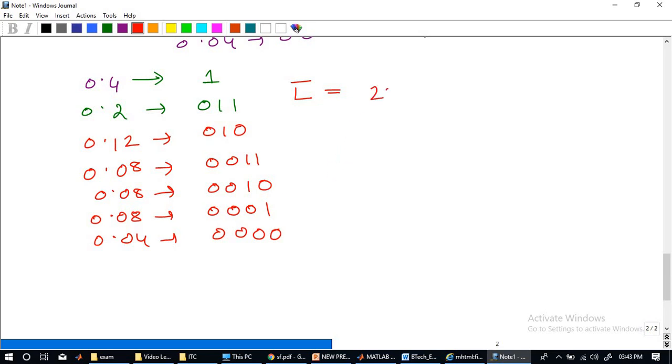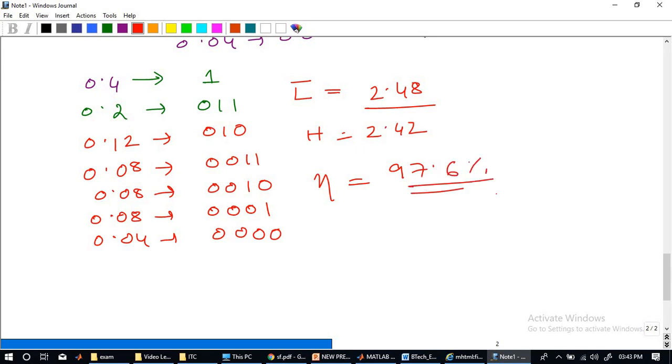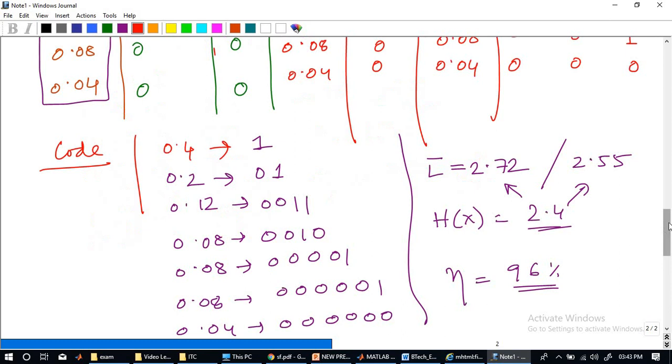So my calculation is also correct. 2.48, and H(X) we already did, that was 2.42. So eta, what is the value you are getting? 97.58, 97.6%, whatever it is. So basically, by a little change in the selection, you are improving the efficiency from 96% to the next.